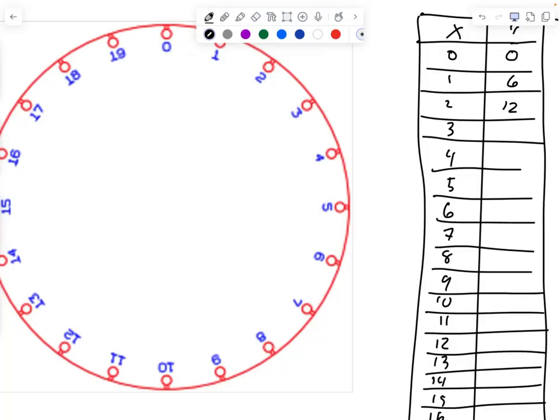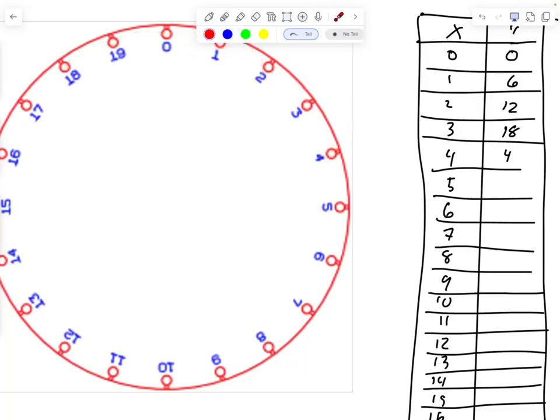Then 18, that's still good. It's mod 20, not mod 10, so it's still less than the mod n. Plus 6 would be 24, but 24 doesn't work. So we go to 4, because it was 24. Then 10, then 16, then 22, but it's a 2.